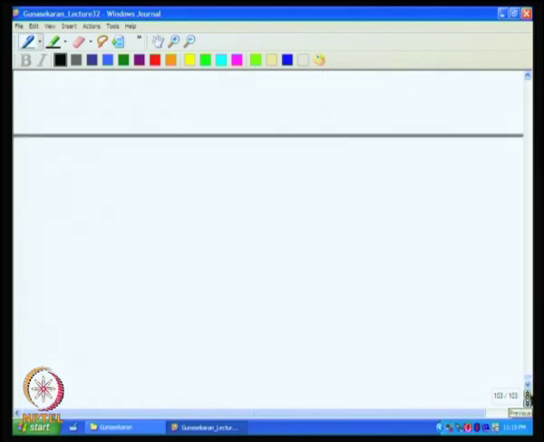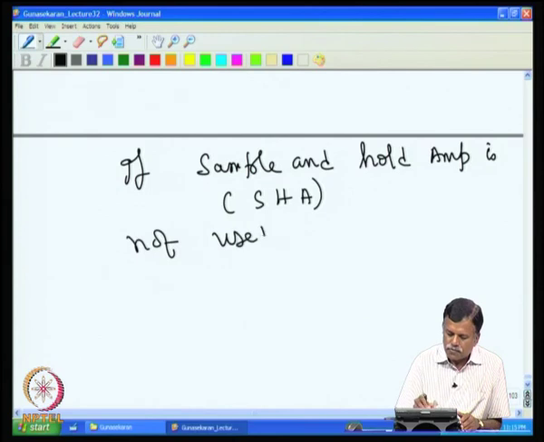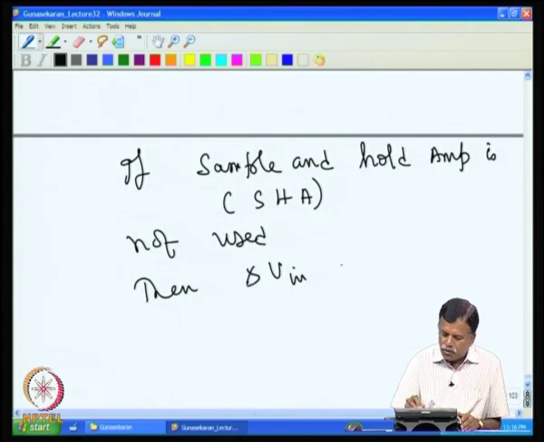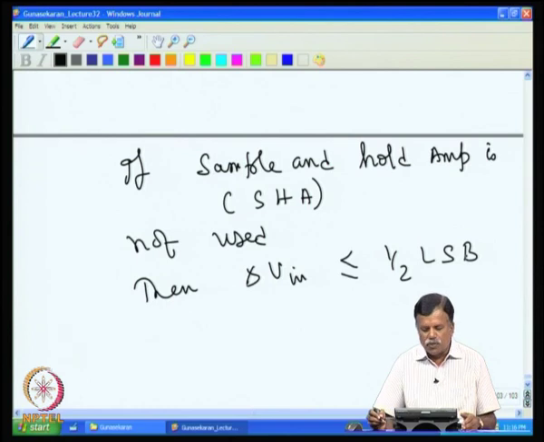So, if the sample and hold amplifier, SHA, is not used, then the change delta V in during the conversion must be less than half LSB. Only then need one not use the sample and hold.